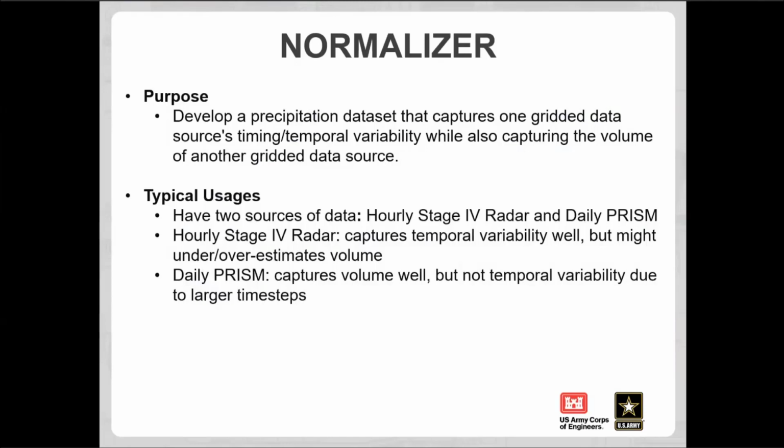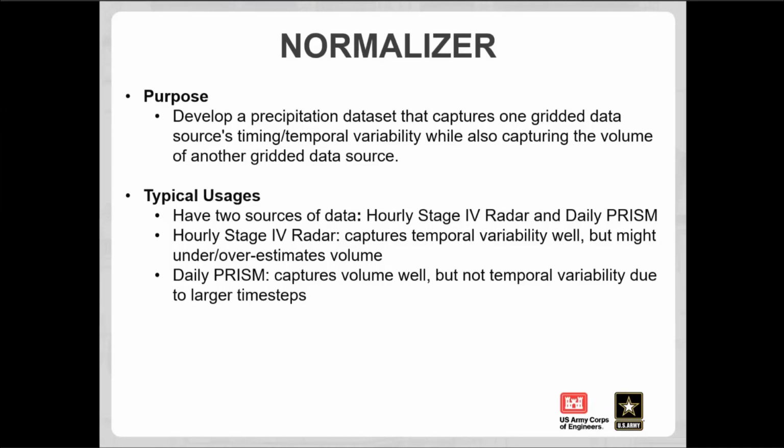A typical usage of the normalizer utility is when you have two sources of data, one of which captures the temporal variation well due to its smaller time steps, but under or overestimates the volume. An example of such a data set is the hourly Stage 4 radar data set.